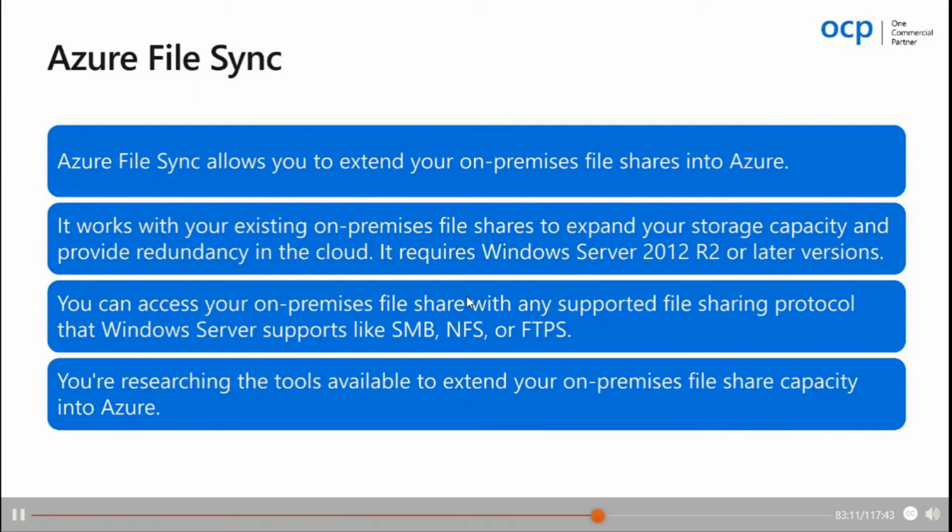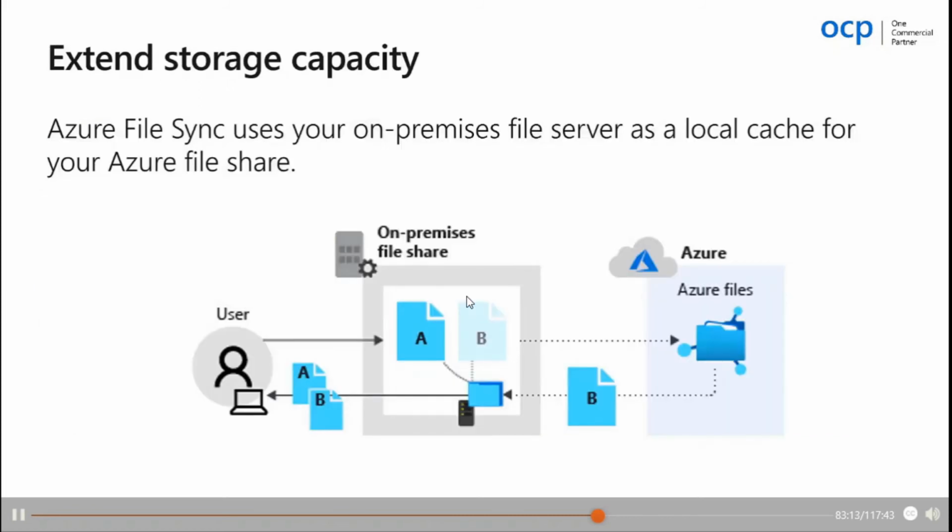So I have here a small diagram where you can see this. I have a user. The experience for that user is the same as usual. He goes to a server which has a network share like he always had, and he requests file A and B. File A was already cached, so it will be served quite quickly, but B is not. B is there as a reference, the user can see it, but the file isn't actually stored locally.